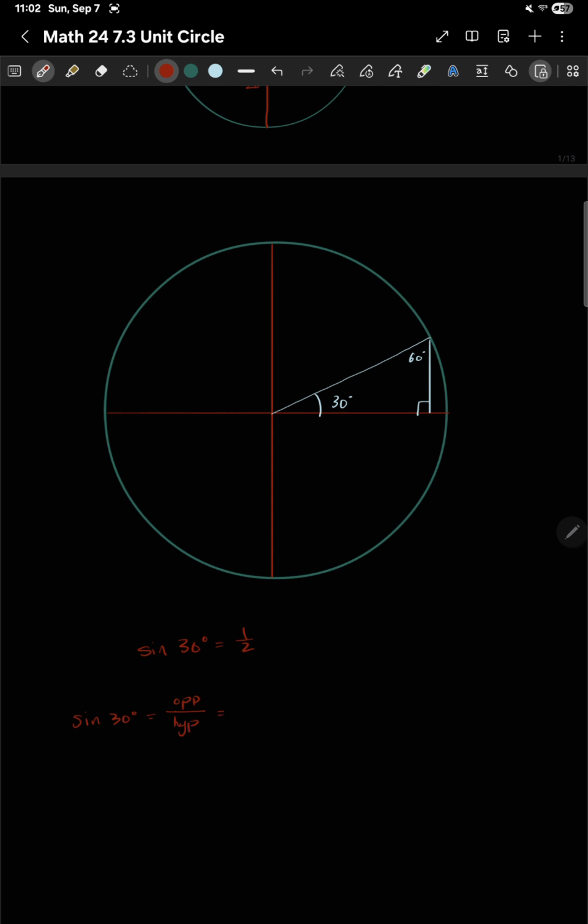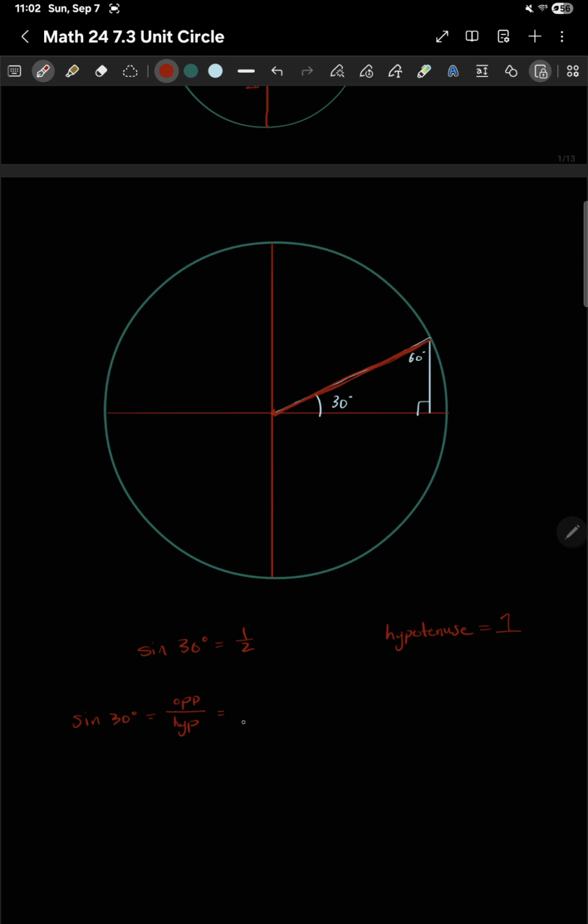We know the value is 1/2, but because we're on the unit circle, the hypotenuse for this triangle is this white line that I'm shading in red now. We already know the distance of that because we're on the unit circle. So the hypotenuse of any of these triangles is always going to be equal to 1.